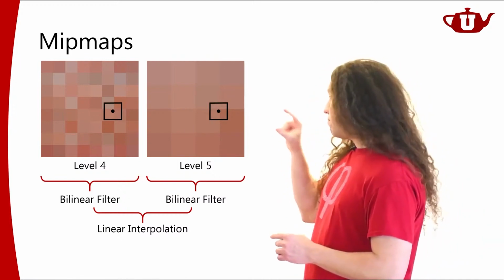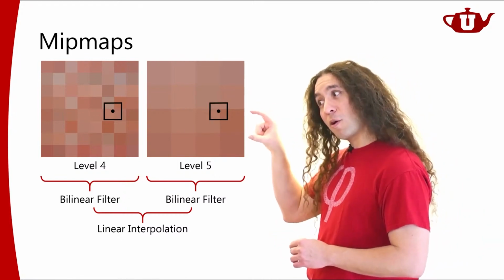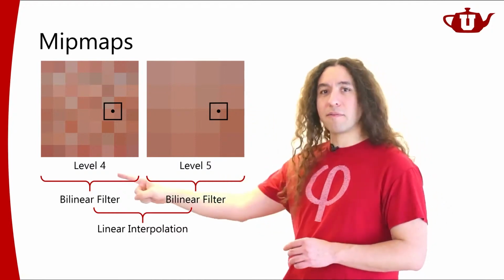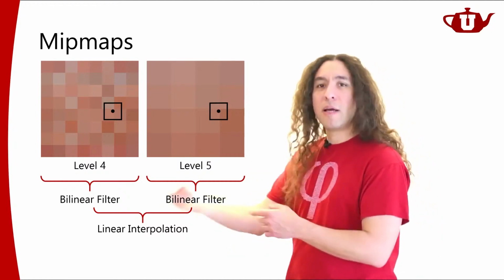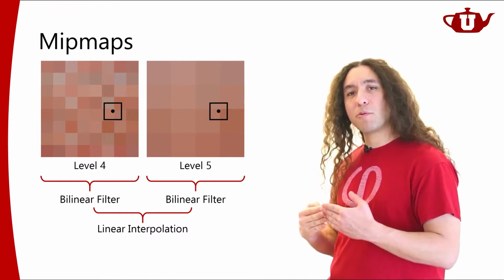So if my pixel size is closer to level 5, I'm going to use more of level 5 and less of level 4. If it's closer to level 4, I'm going to use more of level 4, less of level 5, right? So I'm going to linearly interpolate between levels.